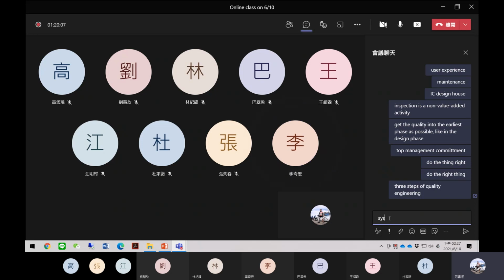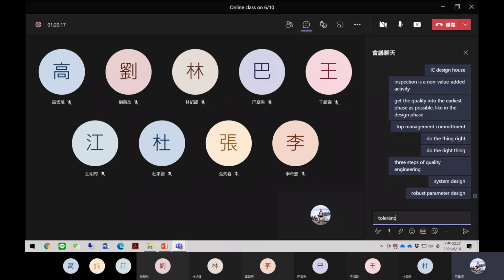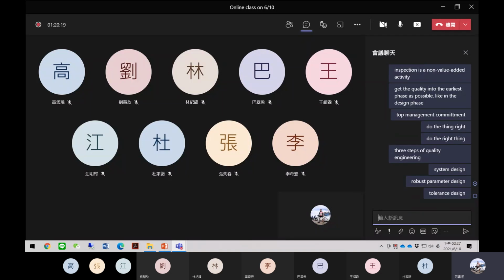So it is system design, robust parameter design, and tolerance design. Did I mention this in my class? Jiong, did I mention this? Yes, teacher. Okay, thank you.